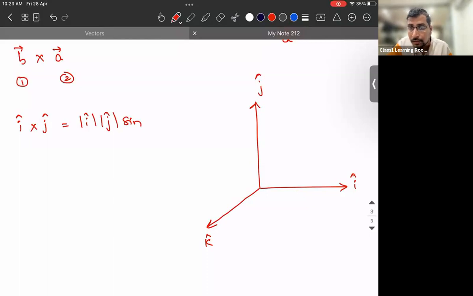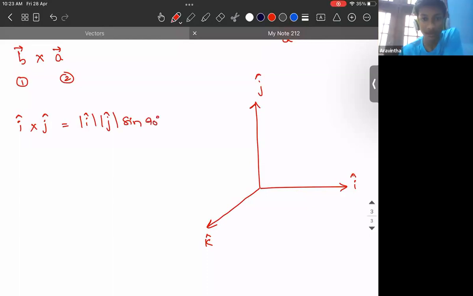What is the angle? 90. Sine 90 times n cap. What is n cap? N cap is a unit vector which is perpendicular to both I cap and J cap. K cap.